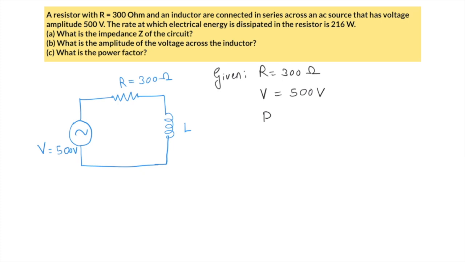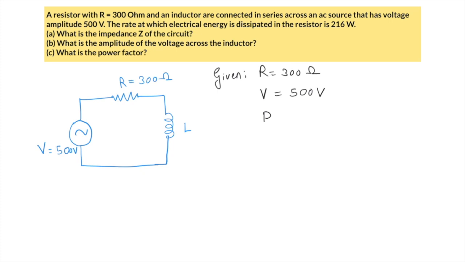So even if you have a capacitor in the circuit or inductor, we know that L stores energy in the form of magnetic energy, and a capacitor will store energy in the form of electrical energy. But the loss of power or the energy transfer which happens in the circuit is only because of the presence of the resistor.